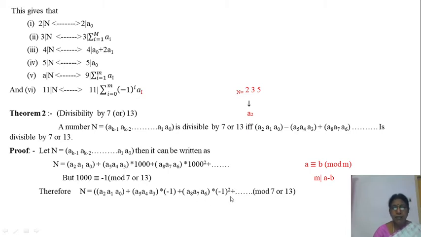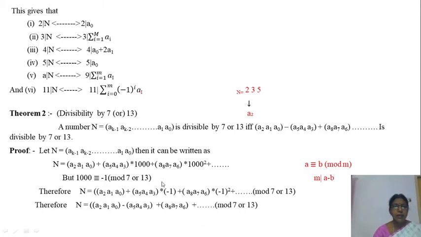Since mod 7 applies to each term, there is no need to write it at each term, so write mod 7 at the end of the equation. Now n is equal to this term plus this bunch into minus 1 plus this bunch into minus 1 square, mod 7.